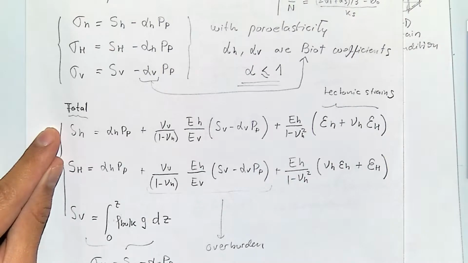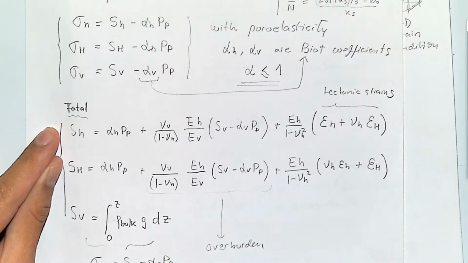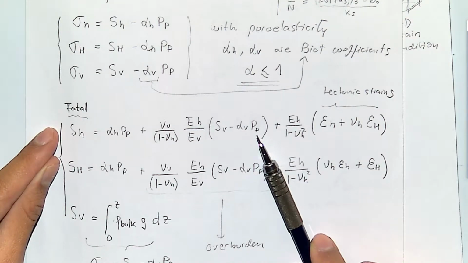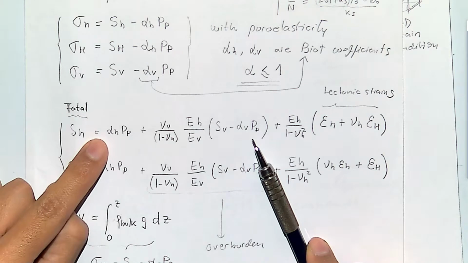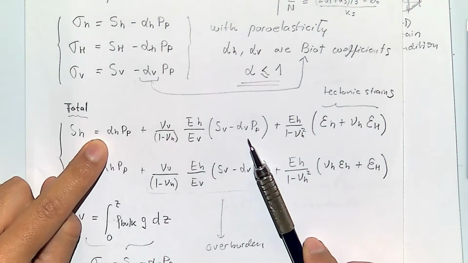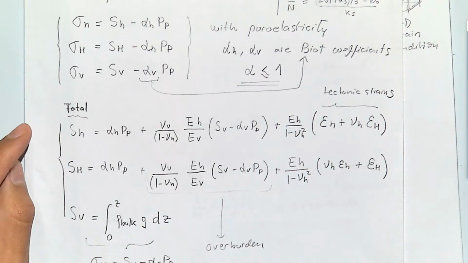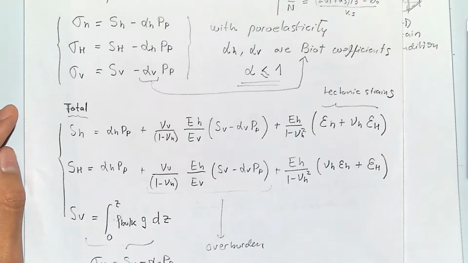But there was something that we were missing from there, and that was the fact that we have coefficients here, that there was a horizontal Biot coefficient and a vertical Biot coefficient. Now that we know what a Biot coefficient is, we can extend the theory of poromechanics for anisotropic media.